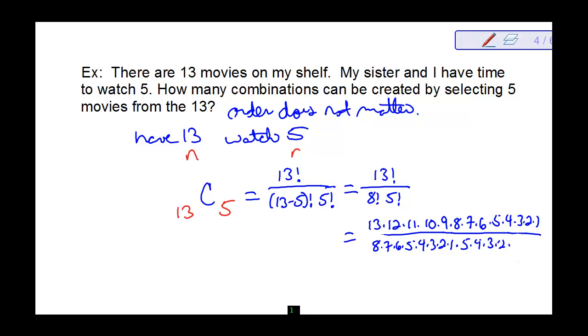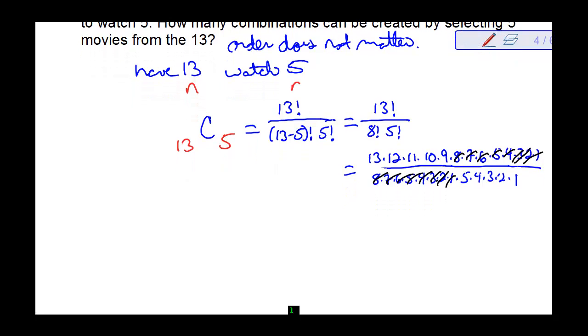Okay? And then I can begin crossing them out. 8s cancel, 7s cancel, 6s and 5s, 4, 3, 2, and the 1, which will leave me with 13 times 12 times 11 times 10 times 9 over 5 times 4 times 3 times 2 times 1.